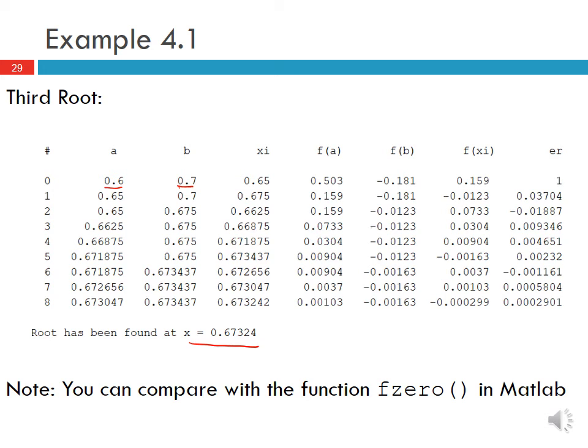You can compare this with a built-in function in MATLAB called fzero, which finds the roots of a nonlinear equation, like the one in this example, sine of 5x plus cosine 2x. You can use fzero, which only requires a single initial guess.